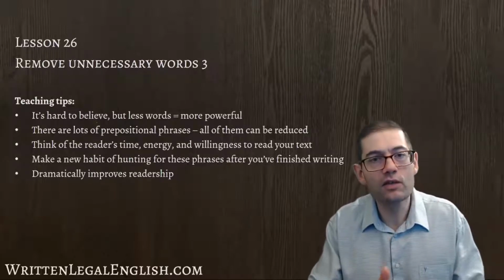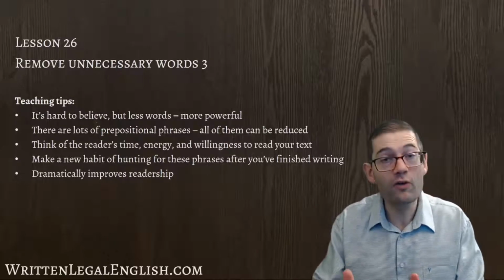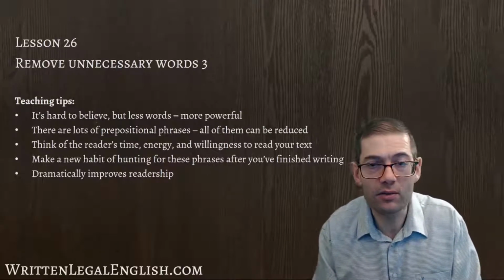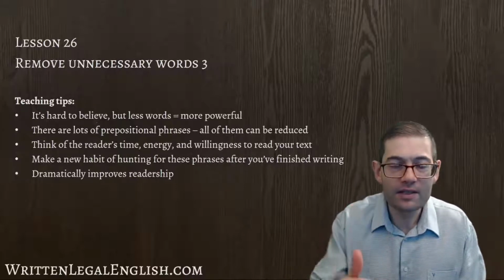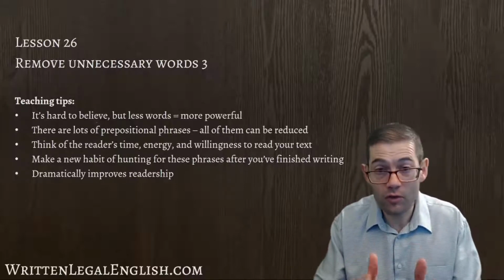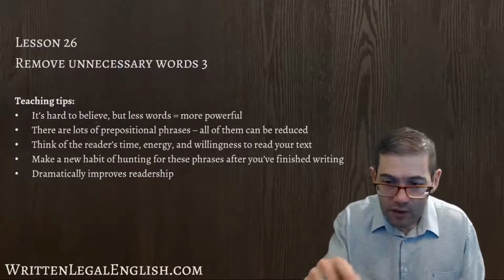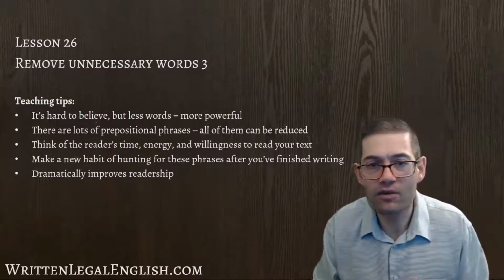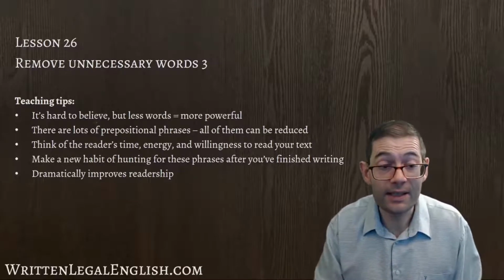And if you tend to use them time and time again, make a list of them. So make your own personal style sheet or style guide, or whatever you want to call it. Make a list of the common things that you do which could be improved in your writing. And after every piece of writing, look for those issues and then change them in your writing. And that's one way you can improve your writing systematically.